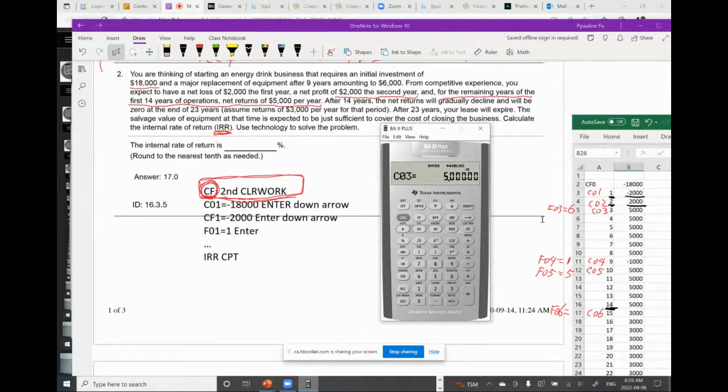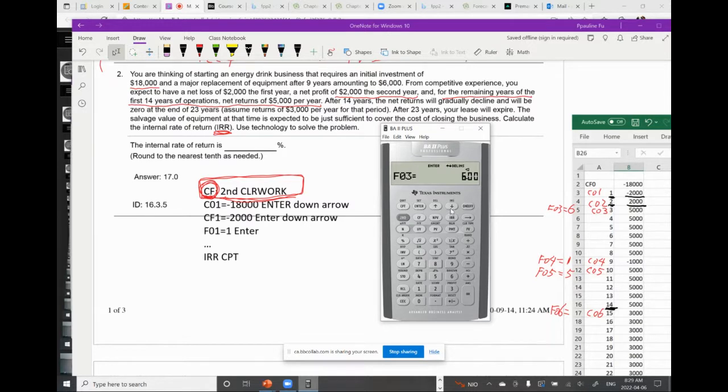Enter. How many times did 5,000 happen? Count. 1, 2, 3, 4, 5, 6. So 5,000 happened 6 times. So after you click enter, down arrow key, F03, you enter 6, meaning there are 6 5,000s. Enter key.